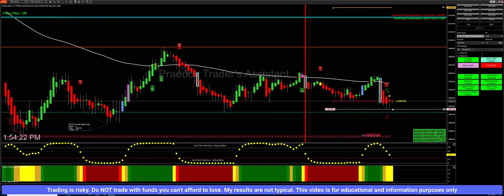Now, if 3 bars go by without this limit order executing, we will cancel the limit order and move forward. Okay, so that's a trade type that we've added, the trend cycle wave.